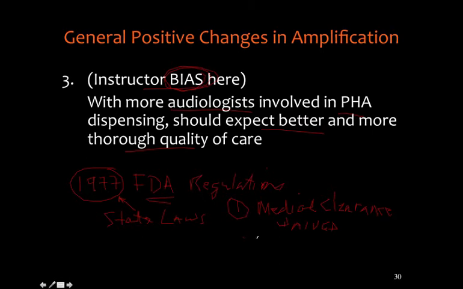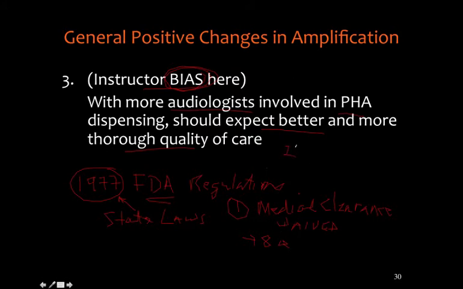This means that in California anyway, we have to ask the person 7 or 8 questions, and if they answer positively to any of them, they have to go. You can't fit them with a hearing aid. They're not waiverable. They have to get the medical clearance from a physician. And so you have that as one of the characteristics.